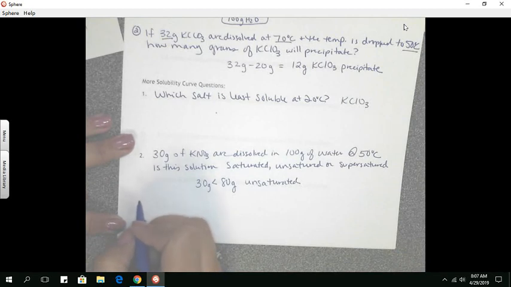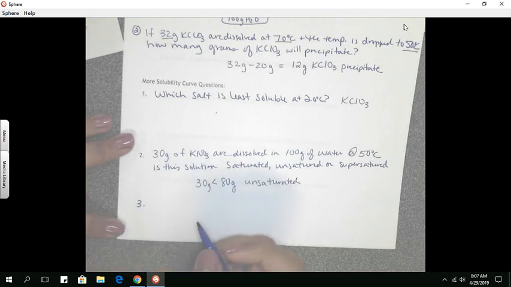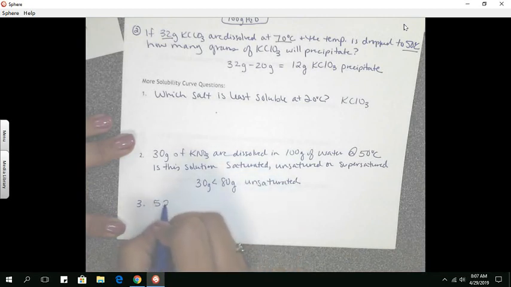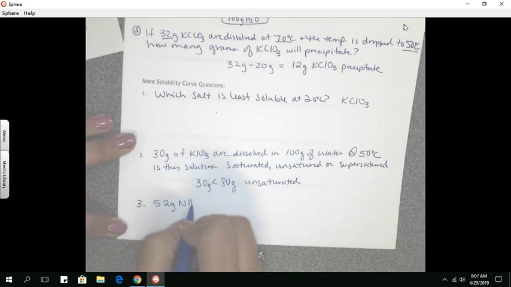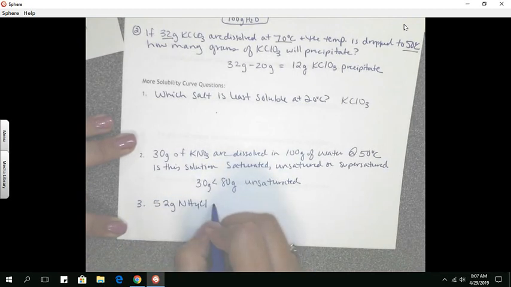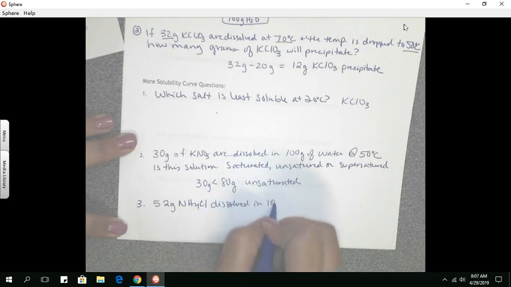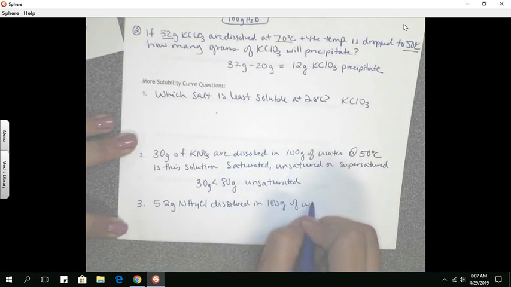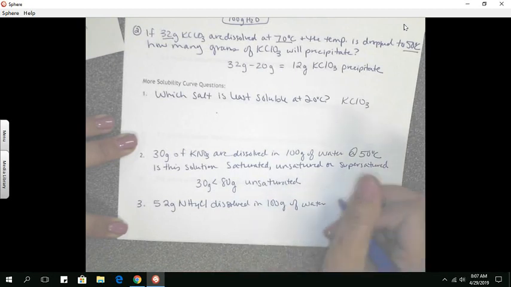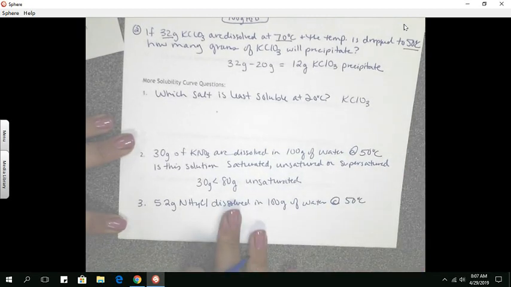Let's look at one more question. So if we had 52 grams of ammonium chloride that are dissolved in 100 grams of water at a temperature of also 50 degrees, how would we describe that solution?